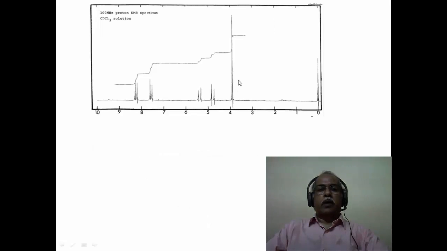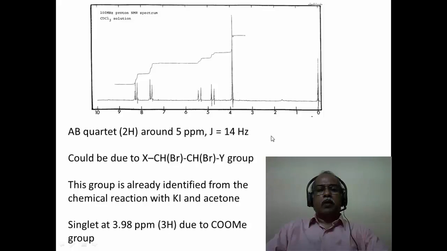Now in addition to that, the proton NMR spectrum also has another AB kind of quartet in the region between 4.9 to 5.5 ppm or so. For this AB quartet, the J value corresponds to roughly 14 Hertz. This could be due to the CHBr functional group, which we have already identified based on the chemical reactivity. These two vicinal hydrogens would correspond to an AB kind of system, and that vicinal coupling is what is referred to as the 14 Hertz coupling in this particular system.